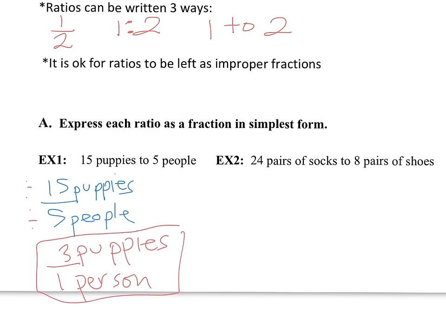In example 2, I have 24 pairs of socks to 8 pairs of shoes. So now I've got 24 over 8, and again, because they're just two quantities, I'm just going to reduce that by 8 top and bottom, and it ends up with 3 pairs of socks over 1 pair of shoes.